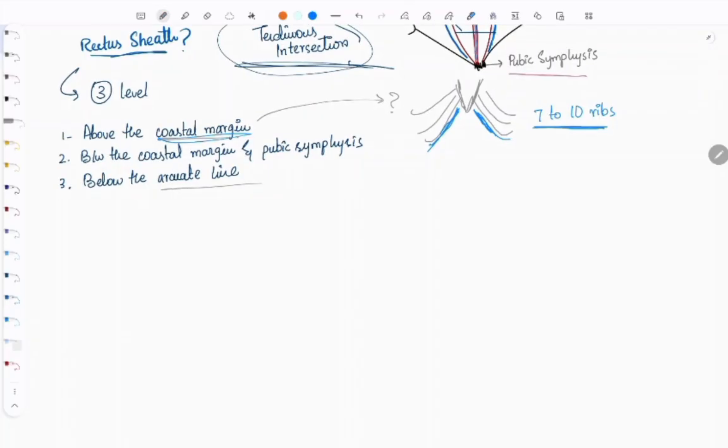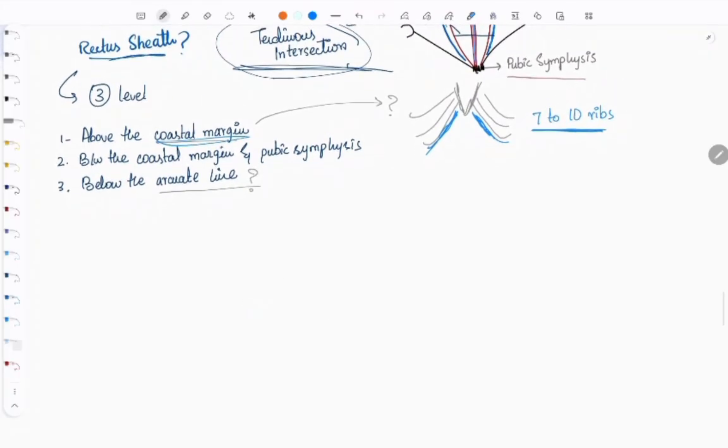So now let's get on to the arcuate line. What do we mean by the arcuate line? The posterior lamina of the rectus sheath ends halfway between the level of umbilicus and pubic symphysis. The line where this lamina ends is known as the arcuate line.